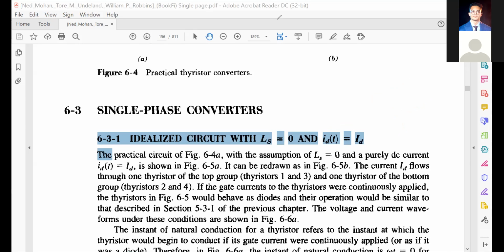I'm going to share the whiteboard. Okay. So I am drawing now for the single phase controlled rectifier.